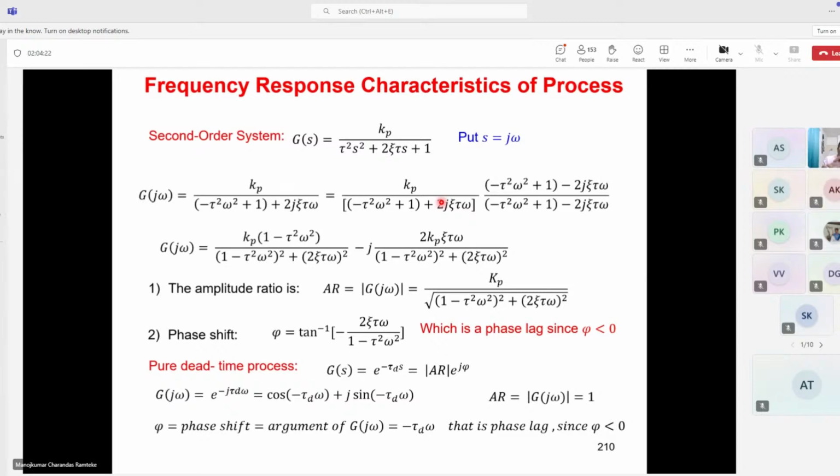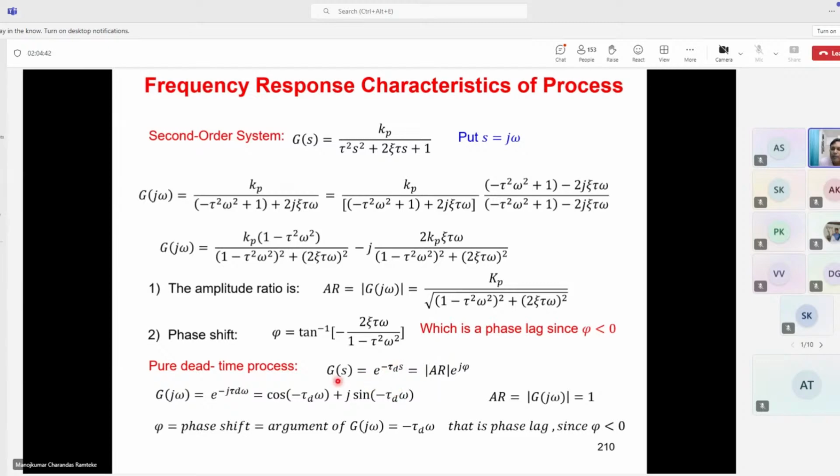Now let's look at the dead time. What will be the transfer function of the dead time? e raised to the power minus TD s. That is what the dead time is. Now, this particular equation I can compare with the standard equation. What is the standard equation?